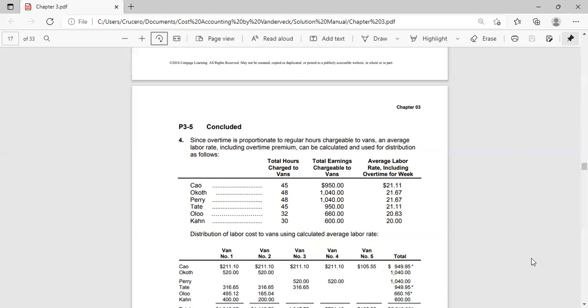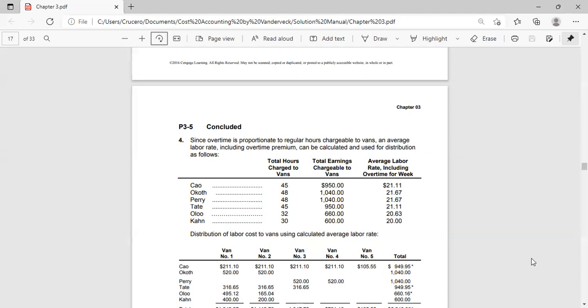Then Tate, the number of hours of Tate is 45 with a total cost here of 950. So Perry worked on 2 vans with 24 and 24 hours.